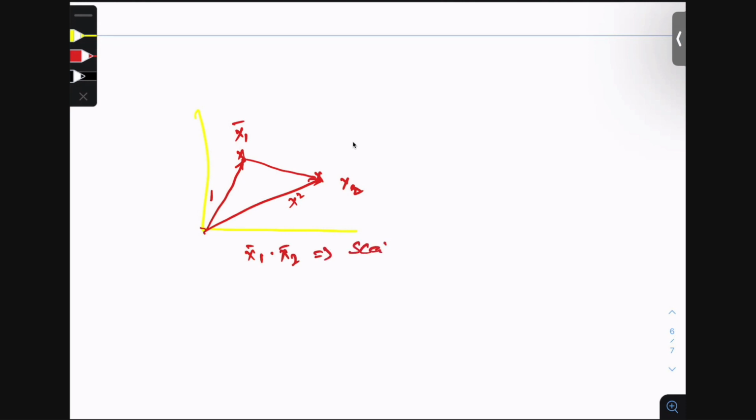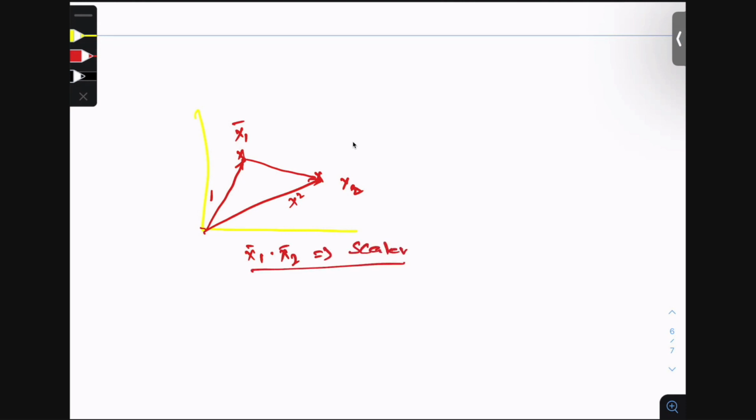Let's say in this particular case I have two data points, x1 and x2, in a two-dimensional space. If I have to calculate the dot product, this is my x1 vector, this is my x2 vector. My x1 dot x2 will be a scalar quantity, correct?